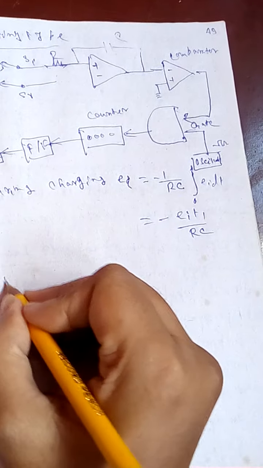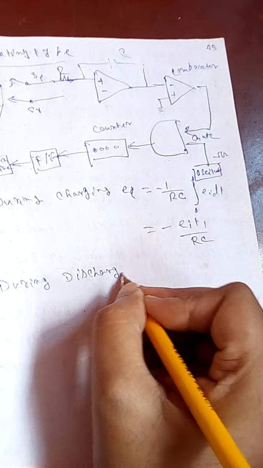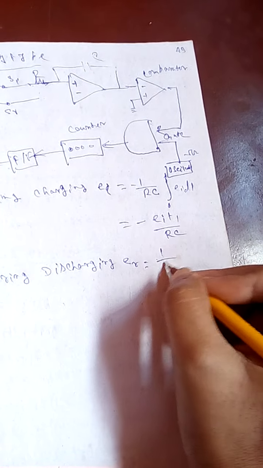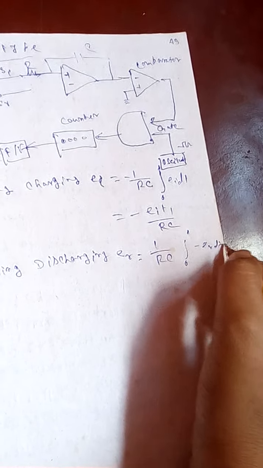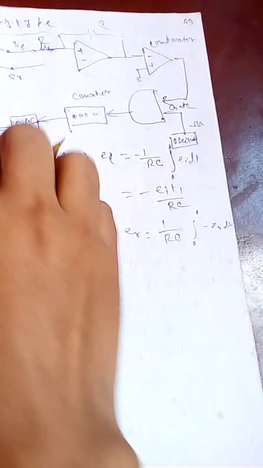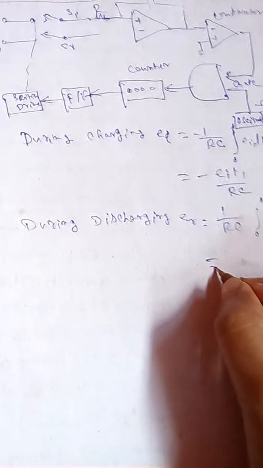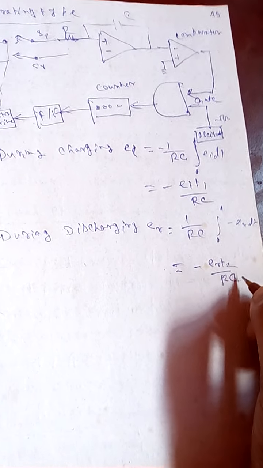And second, during discharging, we know E0 equals 1 by RC integral from 0 to T2 of minus ER dt, because EI is positive and ER is negative. So from that we get the voltage ER T2 by RC.